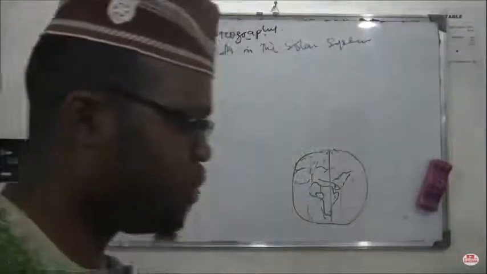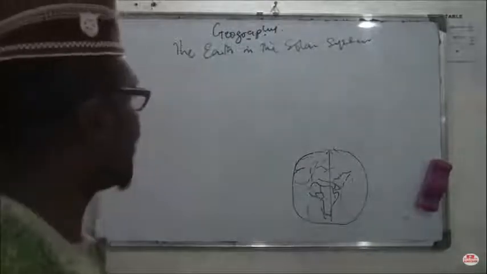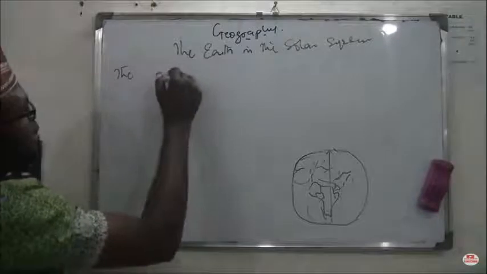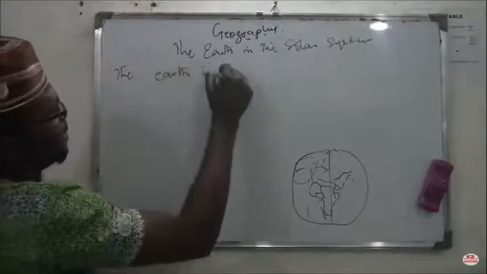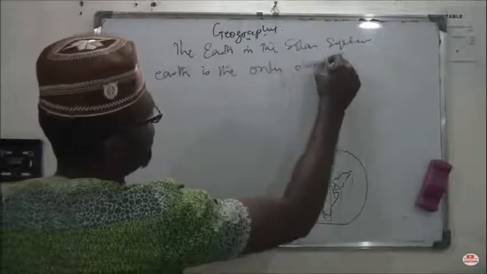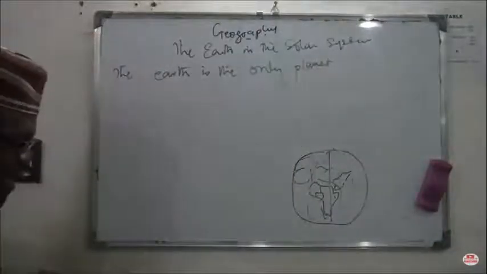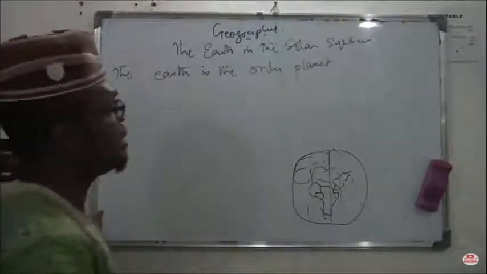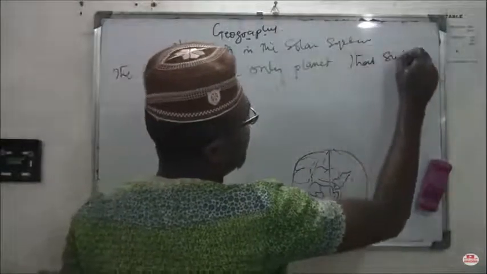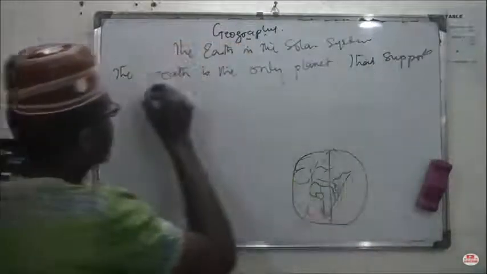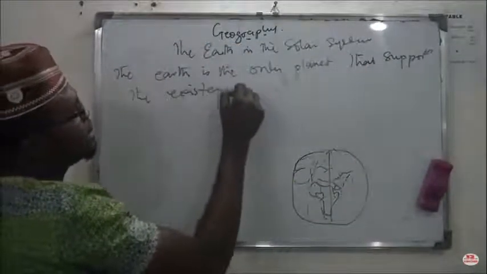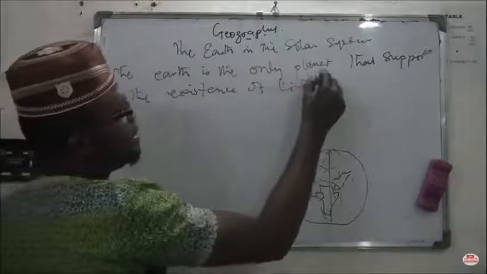The Earth is the only planet which supports the existence of plants and animals. For now, the Earth is the only planet that supports the existence of life.